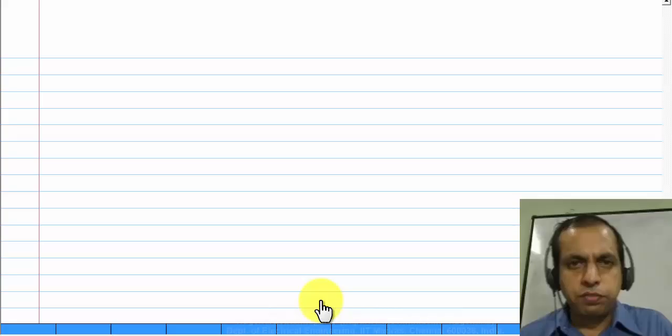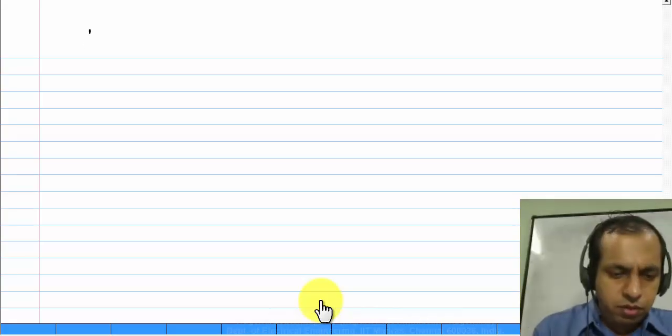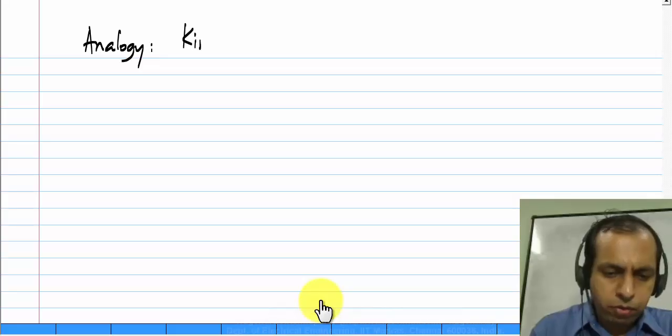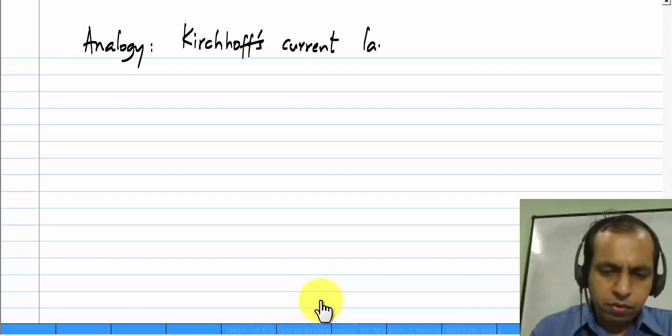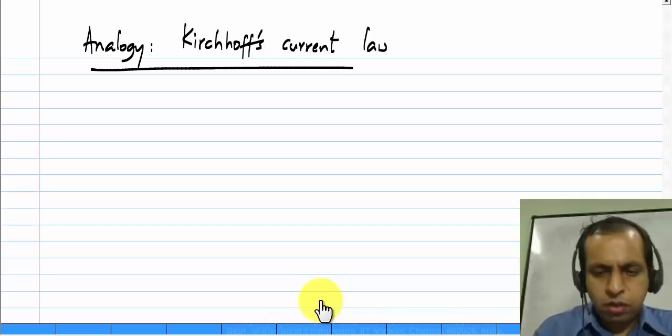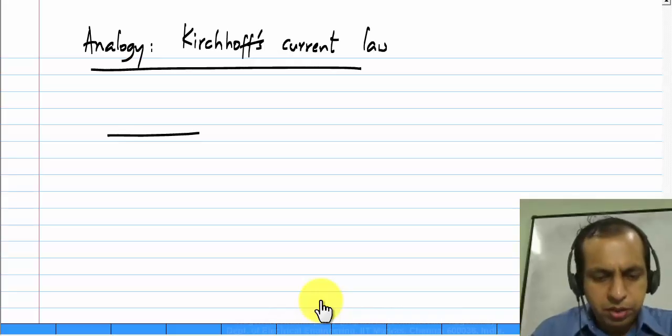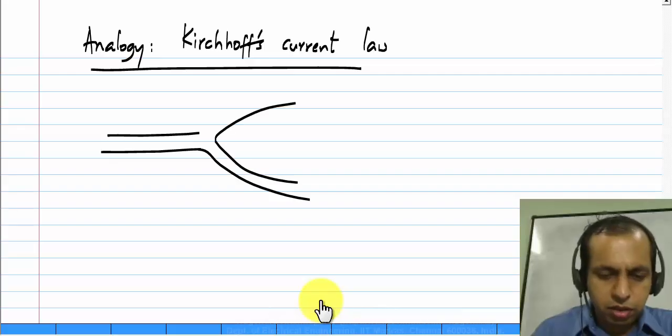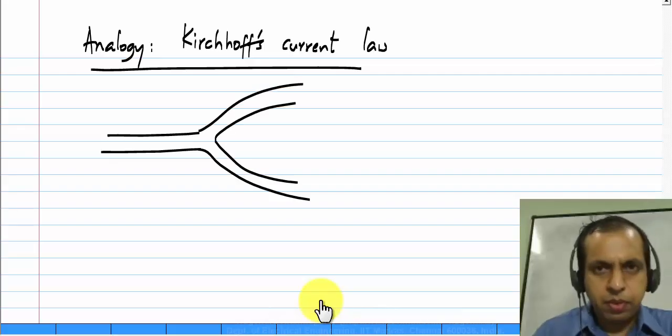Now here is an analogy for Kirchhoff's current law. Let's say you have some pipes connected together to form a junction. I'll just take 3 pipes.